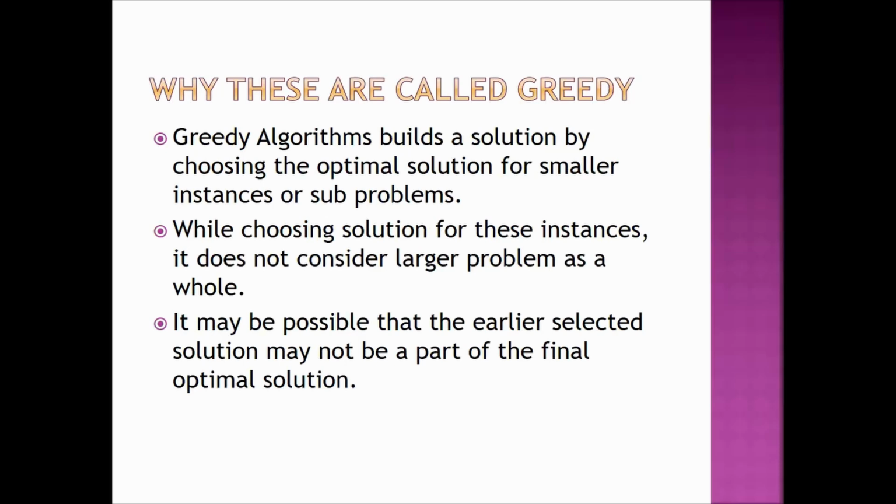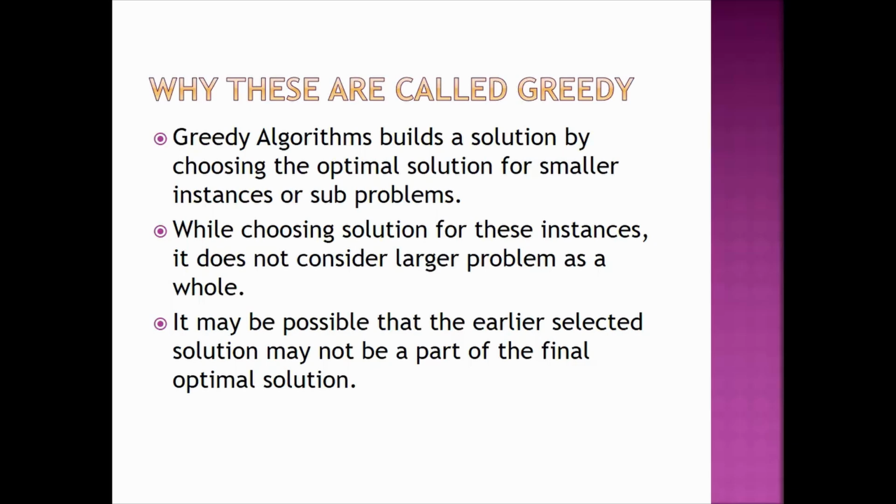Then why are these called greedy? Because greedy algorithms build a solution by choosing the optimal solution for a smaller instance or subproblem. It gets the best solution for a subproblem without considering the future aspect.